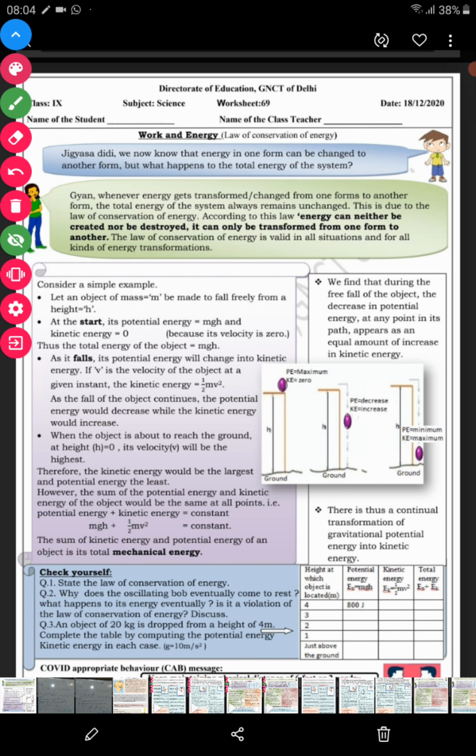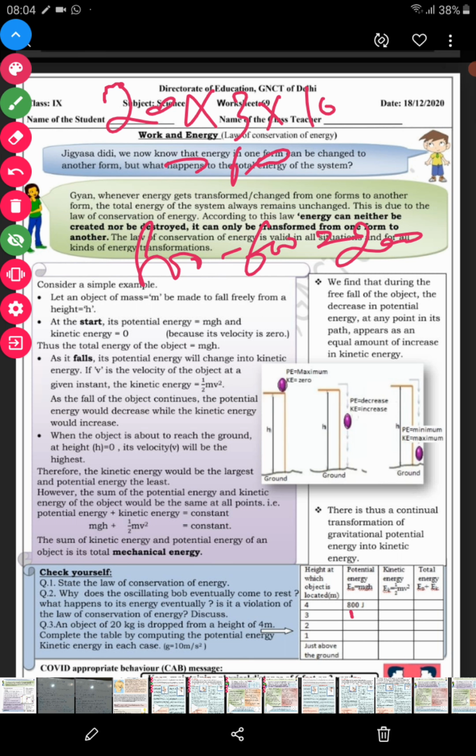Next, at a height of 3 meter, we have 20 into 10 into 3, that is 600. If we subtract 800 minus 600, we get 200, and the sum is 800. At a height of 2 meter, mgh is 20 into 10 into 2, that is 400.